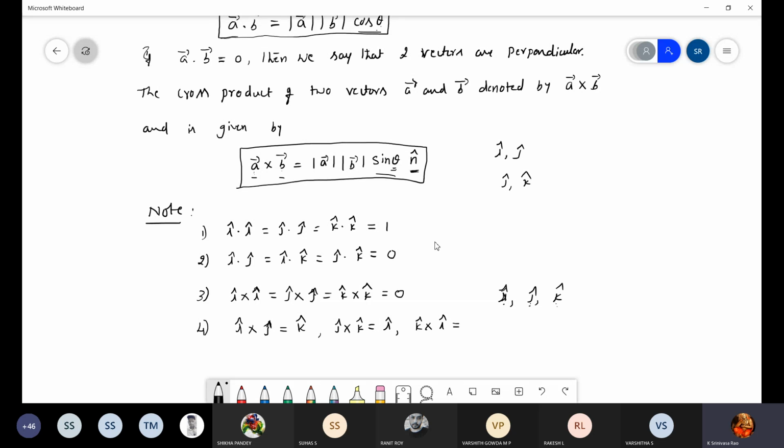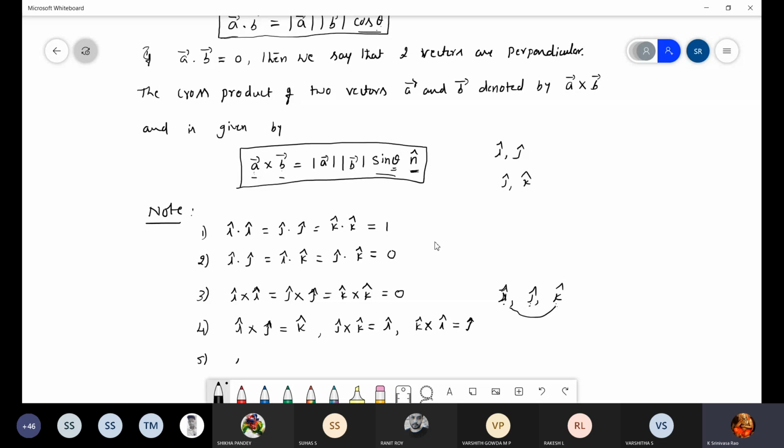The cross product is a vector. It has both magnitude and direction, and direction is very important. So what is the answer of k cross i? K cross i is j. Similarly, i cross j is k.